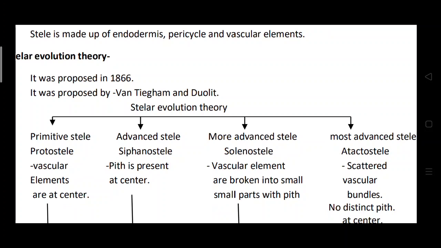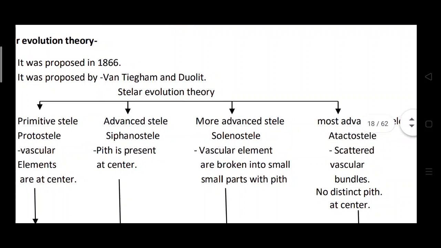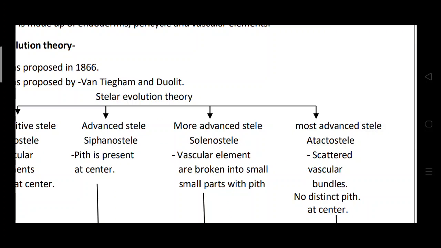In this solenostele, the vascular elements are broken into small parts with the pith regions, and some modifications take place. Then the fourth group is the most advanced stele, also called atactostele. In atactostele, scattered vascular bundles are observed, and there is no distinct pith at the center.